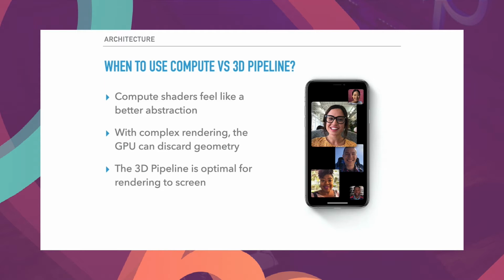So for example, if you're rendering the scene which looks like the group FaceTime, where you have multiple videos overlapping each other, you can have the GPU discard the portion of those frames that are occluded, that are not visible. So the GPU can be smart enough to not execute the shader for that surface that's not going to be displayed on screen. When you render something that's not ever going to be displayed, that's known as overdraw, and it's extremely inefficient because it's just wasted time, right?